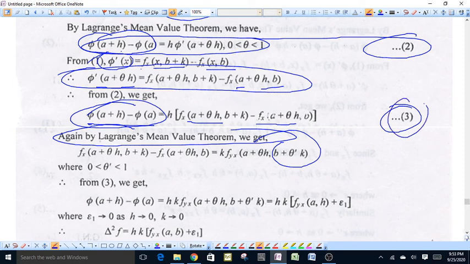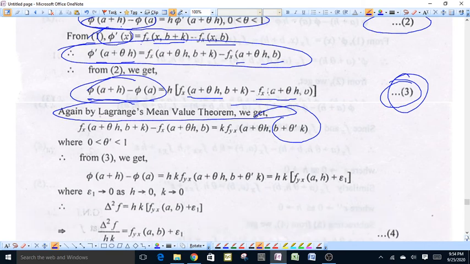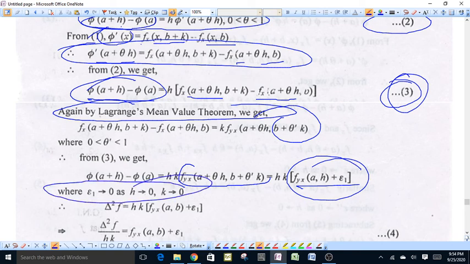From equation 3, phi(a+h) - phi(a) will be equal to h k f yx at (a + theta h, b + theta dash k), which is equal to h k [f yx at (a,b) plus epsilon 1], where epsilon 1 approaches 0 as h and k approach 0.